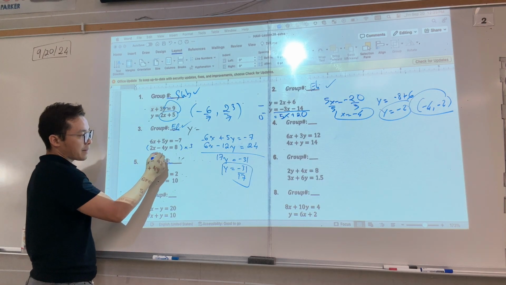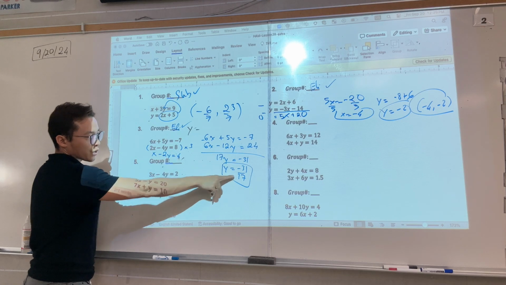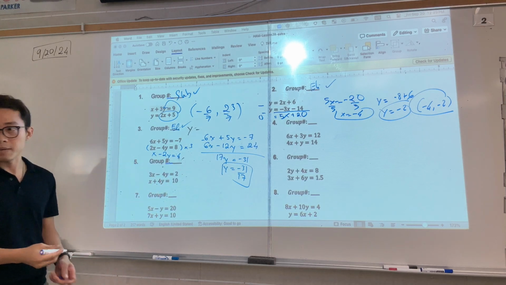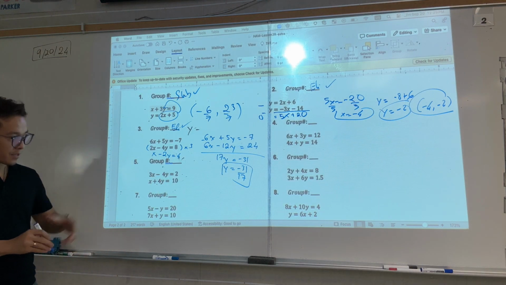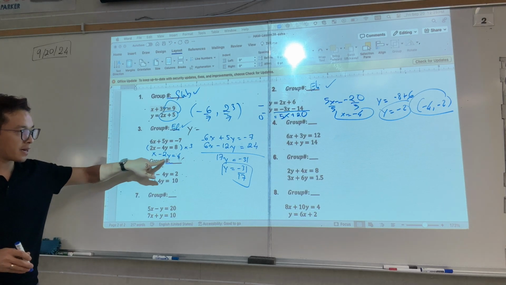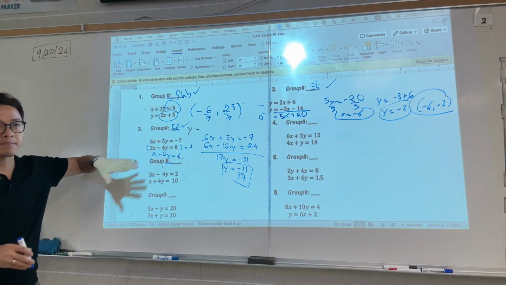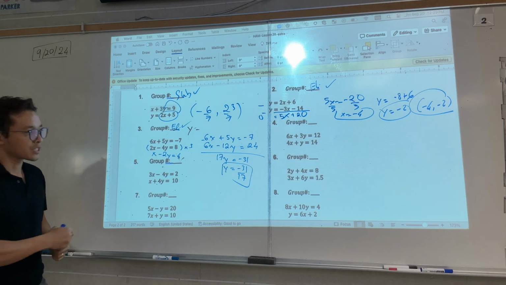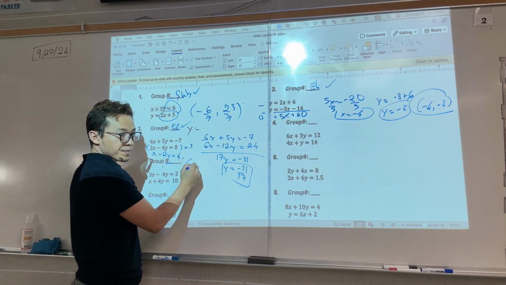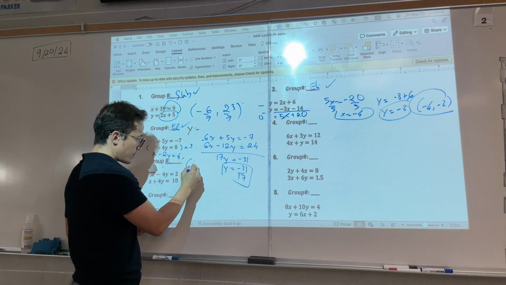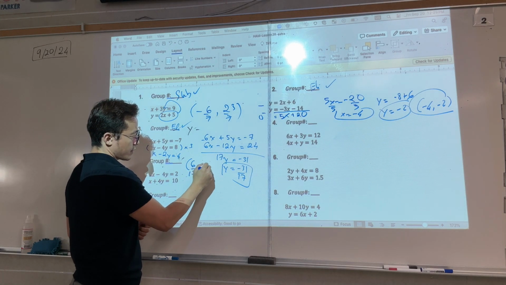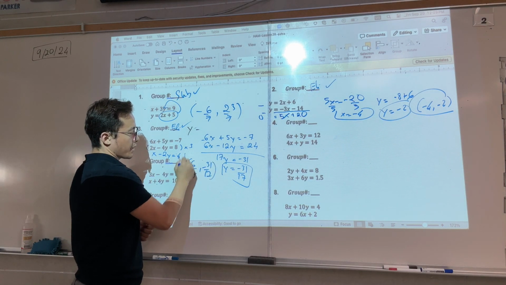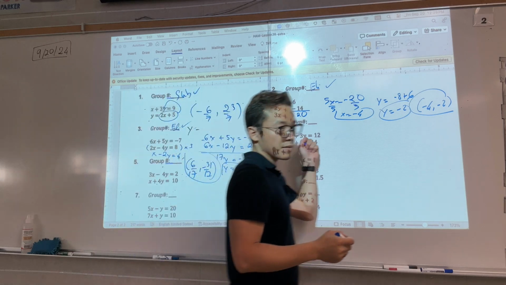So you have x minus 2y equal to 4. So when you plug it in here, you're dealing with the smaller number. You are allowed to divide everything if all the numbers can be divided by something. Okay? So what did you get for x? I got 6 over 17. Okay. Good job. Group 4.